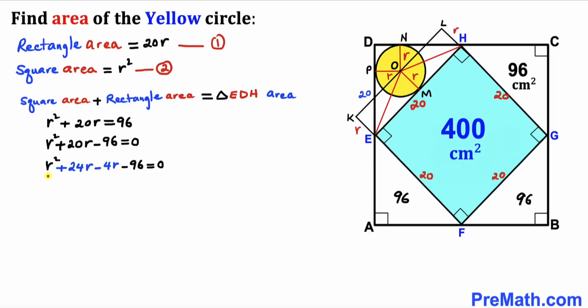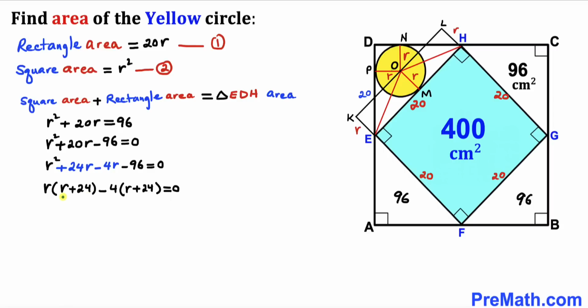And now we can see that r is in common between first two terms, and over here -4 is in common between last two terms. So let me go ahead and factor out r. So we got r plus 24, and here I'm going to factor out -4. So we got r plus 24 equal to 0.